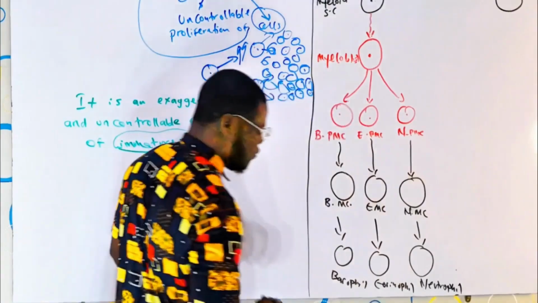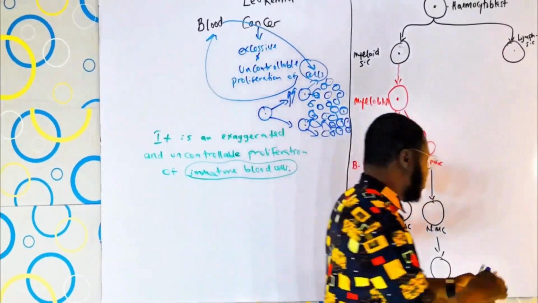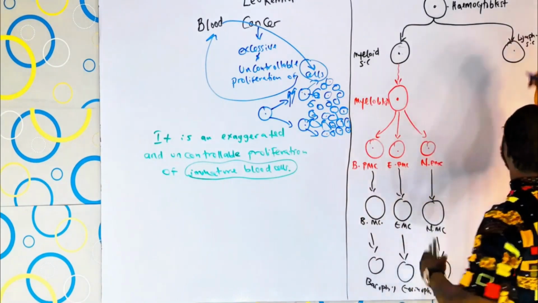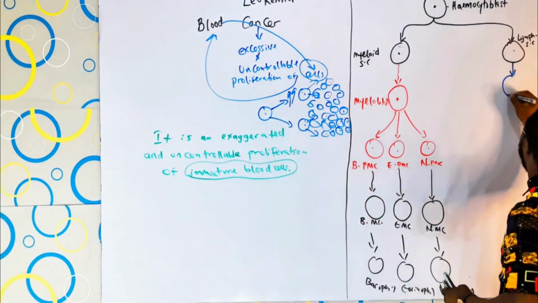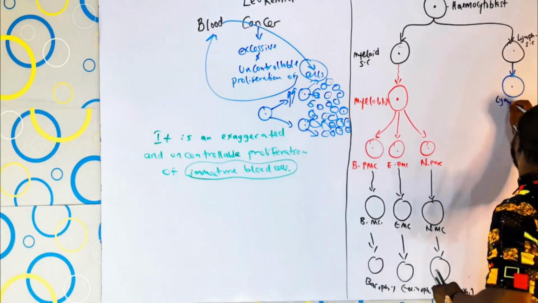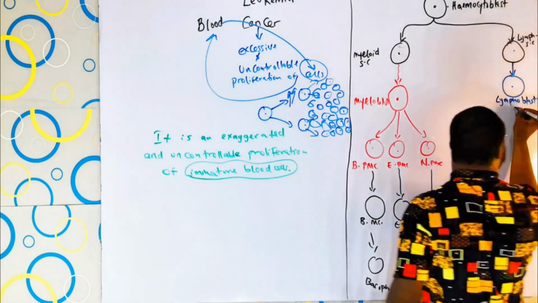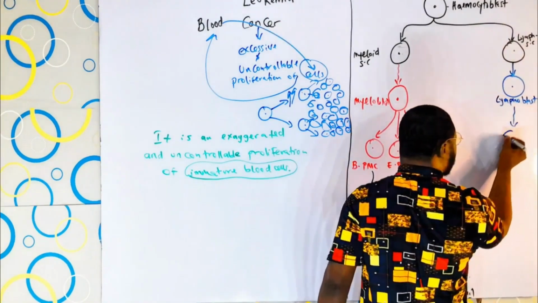So neutrophil. Now after that, the lymphoid stem cell mainly can divide to form a new cell called a lymphoblast. What you want to form from here is your lymphocyte. Lymphoblast. And from there, the lymphoblast divides to form a new cell.